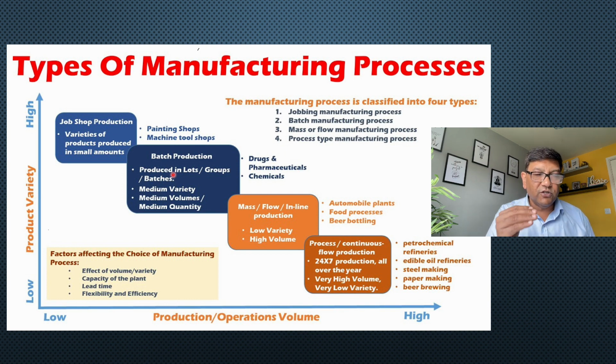Why? Because the consumer doesn't want to wait. As an example, a new iPhone came out today. It is on pre-order, but you always want that phone as early as possible. If the waiting time is, let's suppose, 30 days from the day of pre-order, you always think, okay, I need to get it as early as possible. Is it possible to reduce that lead time and get the iPhone as early as possible?